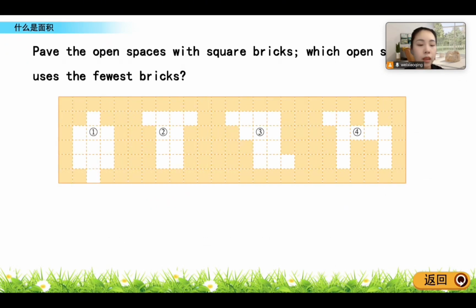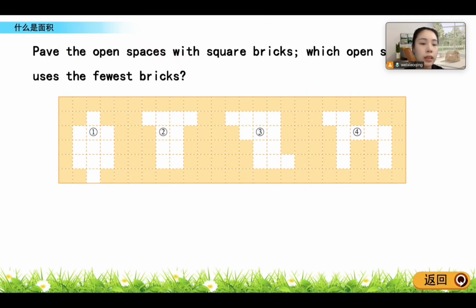Here are several vacant lots of different shapes. Please think which one uses the most flower seedlings and which uses the least. Comparing the number of seedlings used is actually comparing the area of the vacant lots. Through observation, we find that these shapes are all composed of squares of the same size.